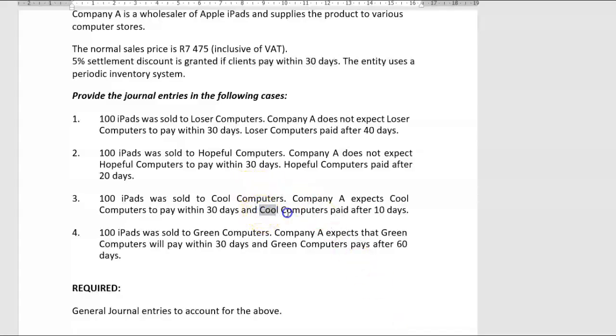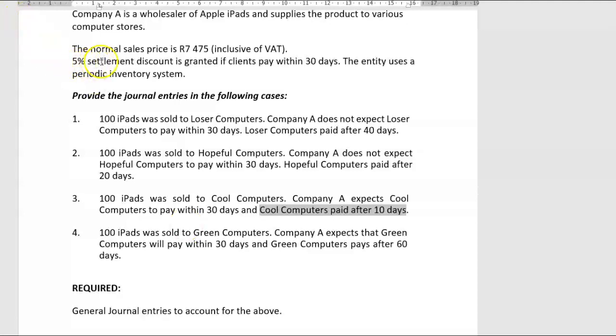Now, settlement takes place and Cool Computers paid after 10 days. Yeah, they paid after 10 days, so they paid well within the settlement period. What is the question that I'm going to ask now? Well, if they paid within the settlement period, how much would they have paid me?